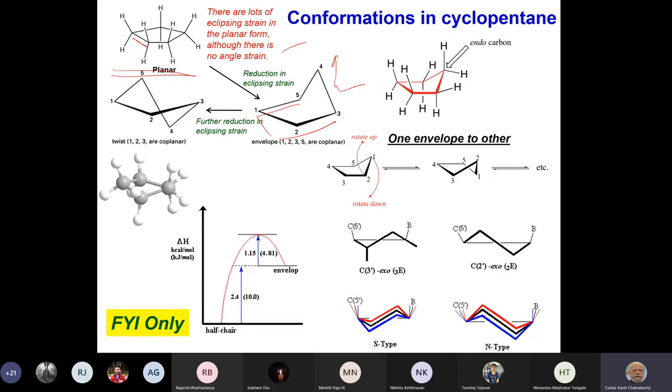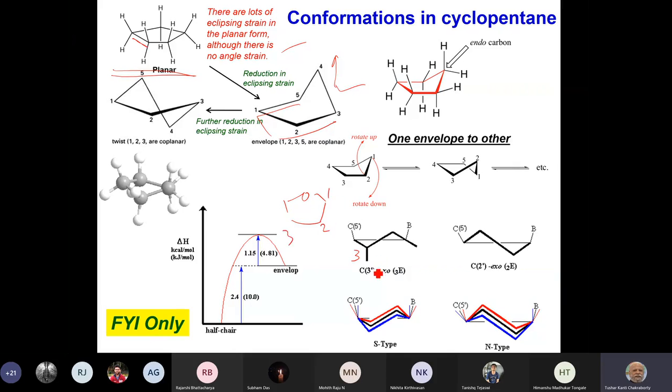So this particular case here is sometimes called C3 prime exo, and C3 is this carbon. If you take the furanose form of DNA or RNA, we call these positions 1, 2, and 3.